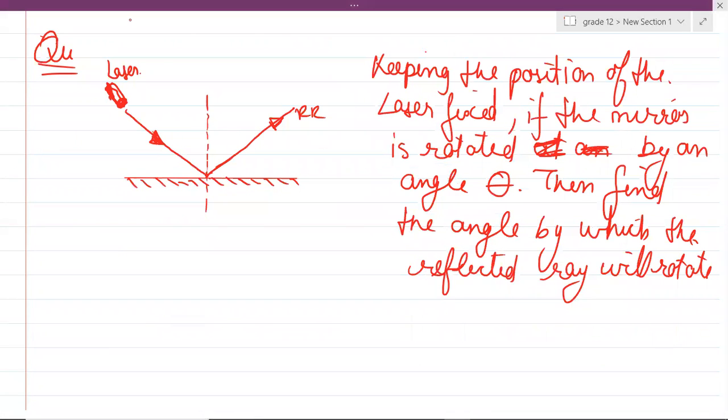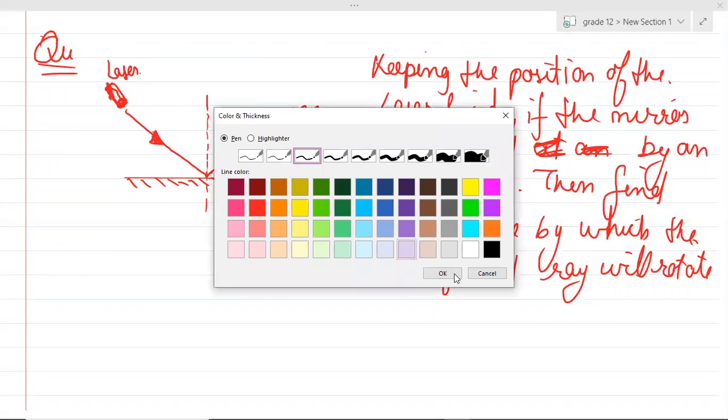Basically, if I rotate the mirror by an angle theta, wait a second.